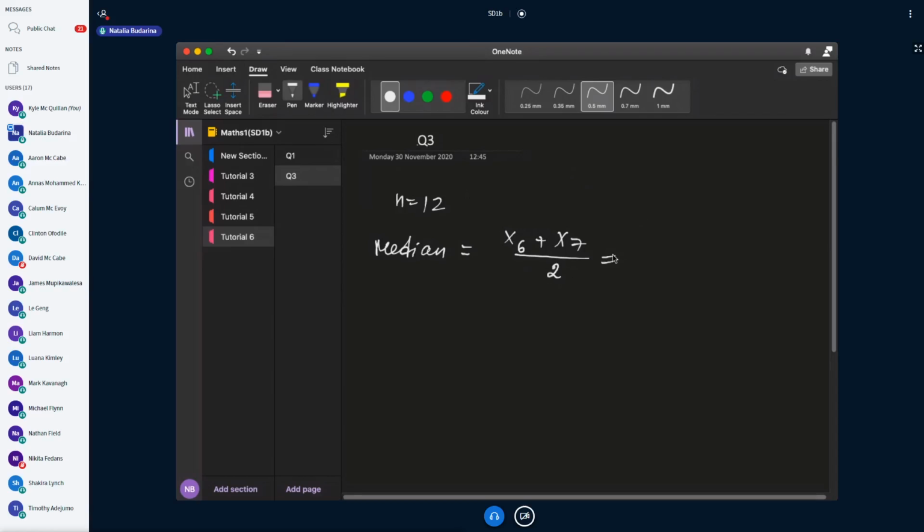So tell me, please, from the box plot, what is the value of median? Median is Q2. You can see this in the box plot. What is the value of median? Tell me, please.